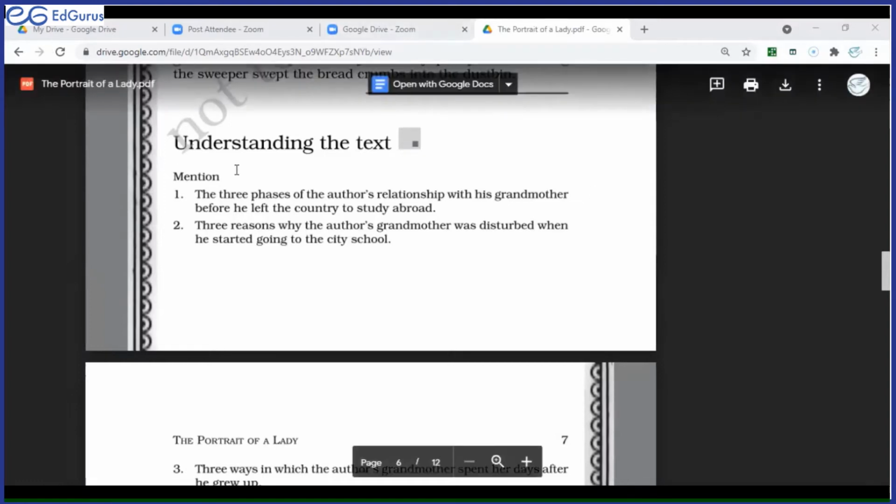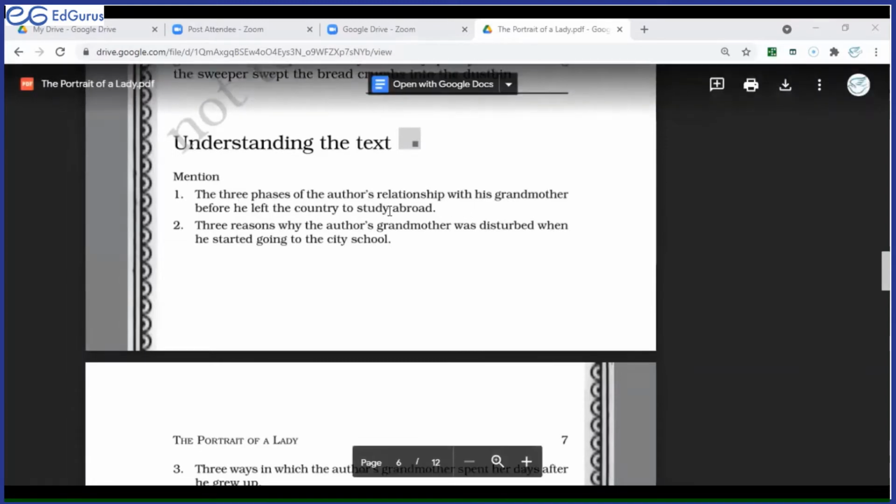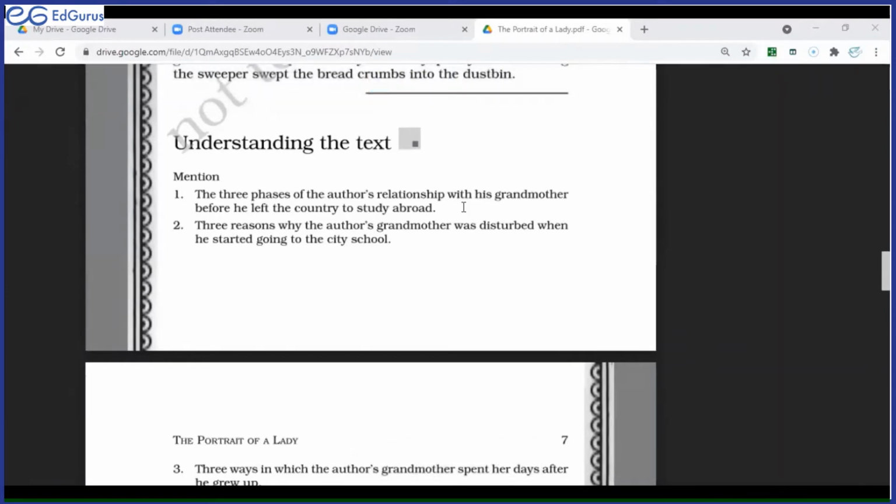So let us say the three phases of the author's relationship with his grandmother before he left the country to study abroad are: first, in the village, about which you will definitely write 2-3 sentences.